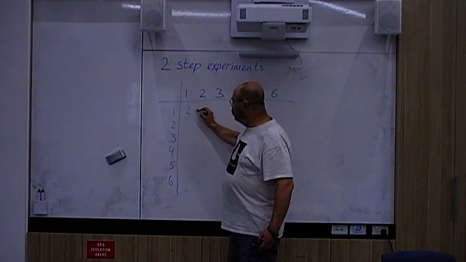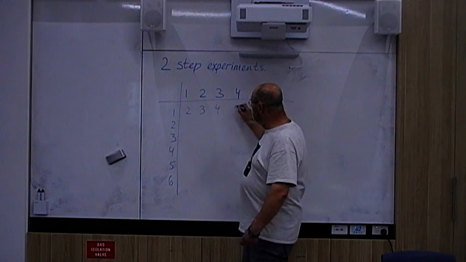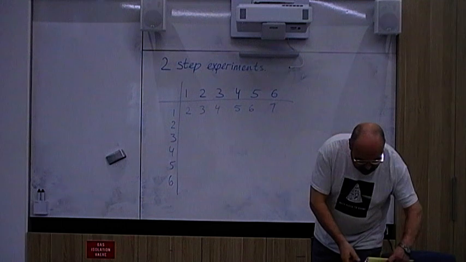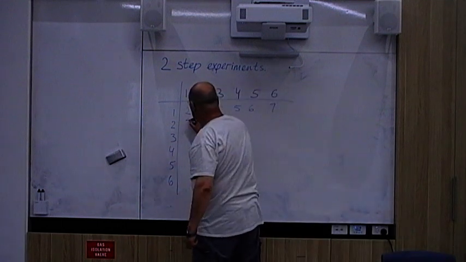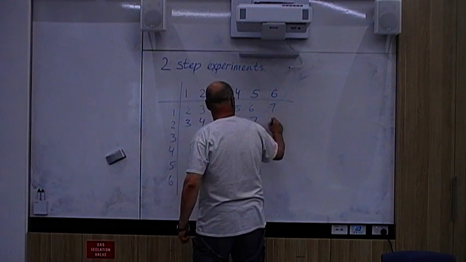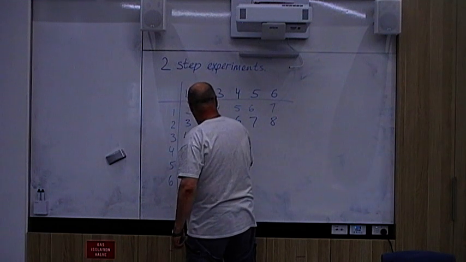Total here? 3. So we can fill this table, and it will help us to calculate probabilities associated with this.